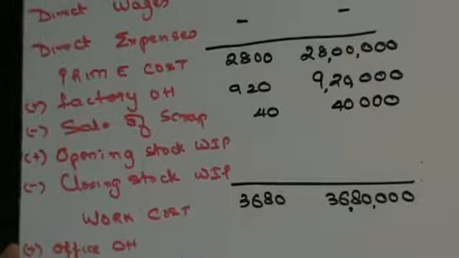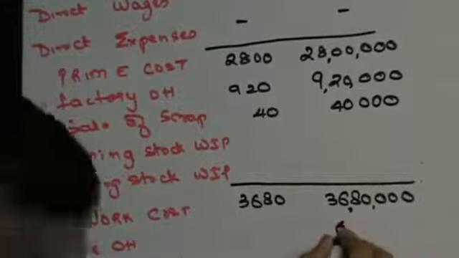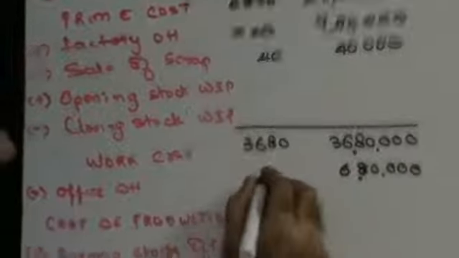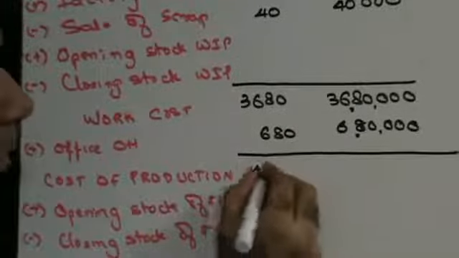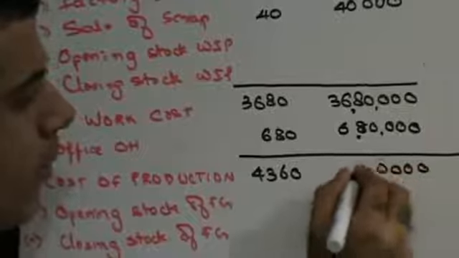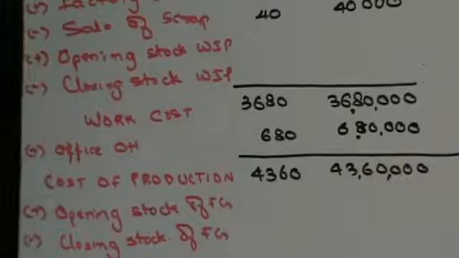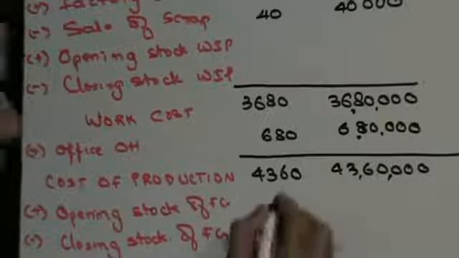Okay. Next, office and administrative overheads is given to you as 6,80,000. So 680, and that gives 4360, that is 43,60,000. Fine, do we get this in here? Now, there is no opening and closing stock of finished goods.